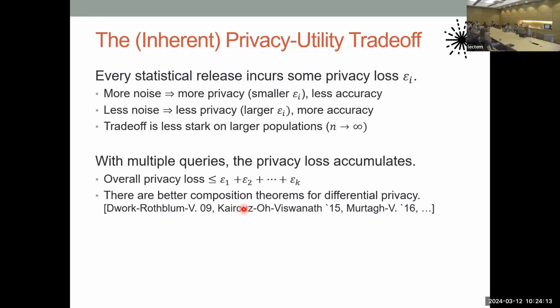But there are more sophisticated composition theorems for differential privacy, and that's actually most of the motivation for those more sophisticated measures of distribution closeness used in the differential privacy literature: to reason more tightly about how privacy loss degrades when you run many differentially private algorithms.